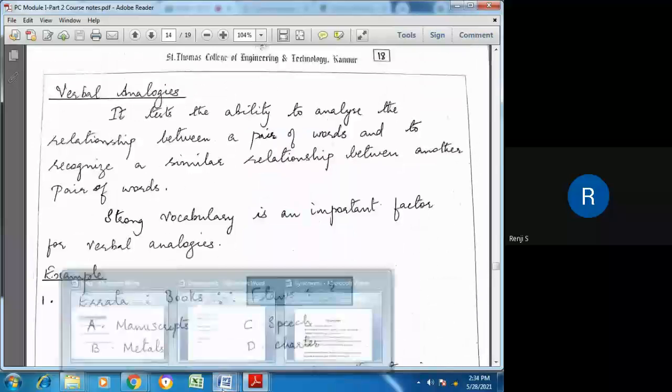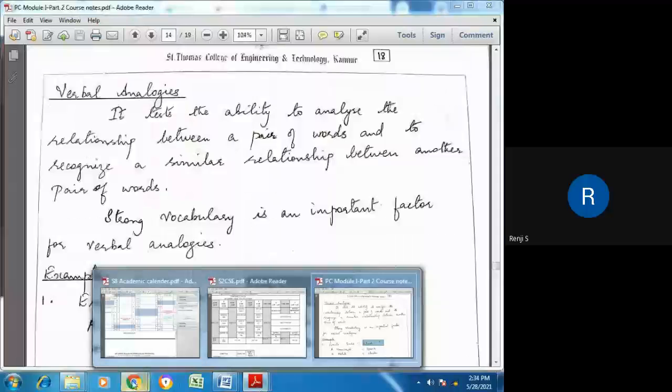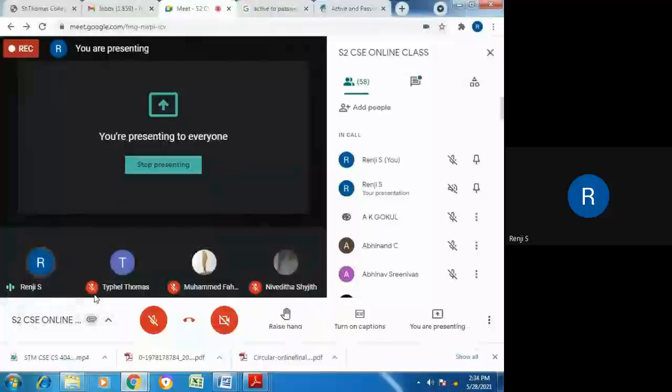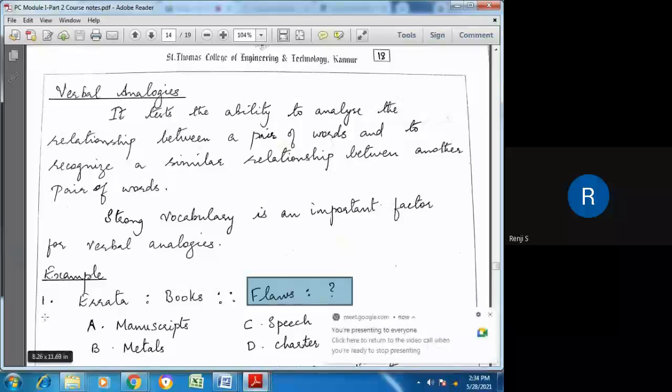Anyone knows the correct answer? I think if you had read this, then you might have found out. If errata is to books, what is flaws is to?